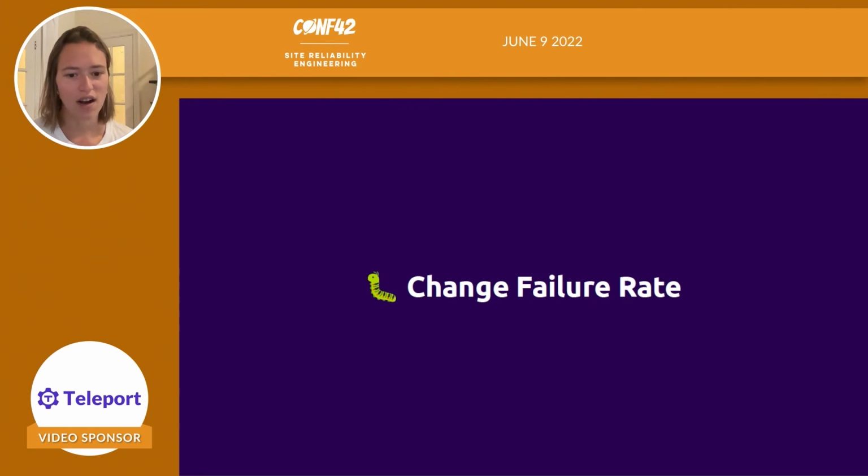But actually, you want to make sure that you have more deployments so that it's easier to, again, have that mean time to resolve be lower. And so you want to look at the rate, not just the number of failures. This can also be a good indicator for how much time your team is spending fixing processes rather than working on new features.